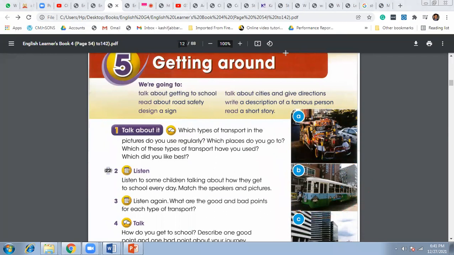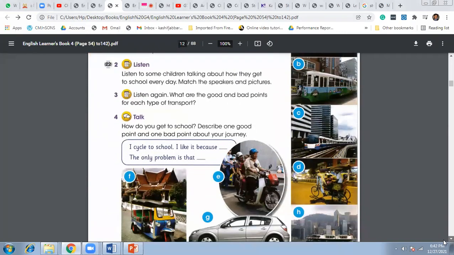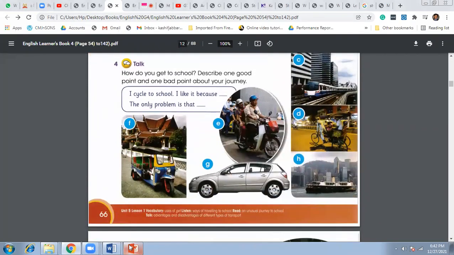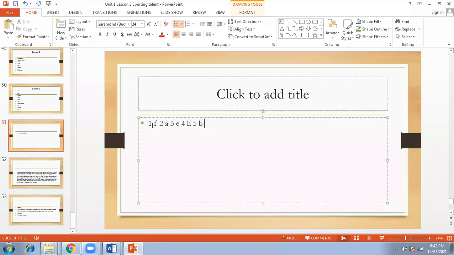Hope you have understood what these speakers are talking about, all these methods of transport. So first speaker was talking about picture F, which is tuk-tuk. Second speaker was talking about picture A, which is chimney. Third was talking about picture E, which is a motorbike. Fourth speaker was talking about picture H, which is a ferry.